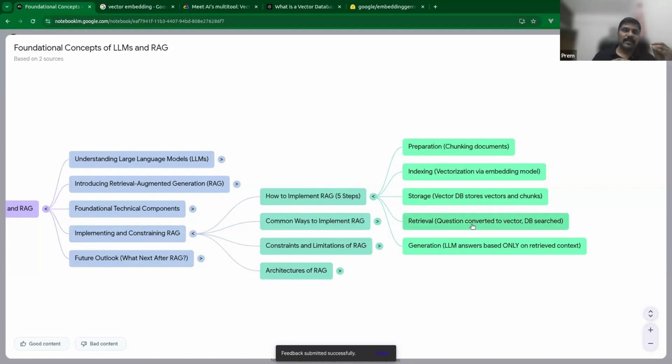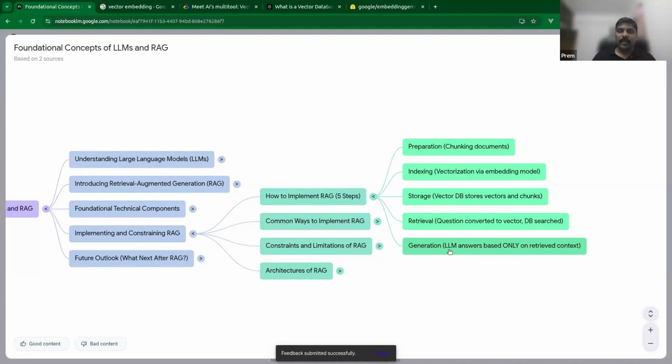Retrieving is where the semantic search comes in. You ask a question, that question is converted again to a vector, and that vector is searched against multiple vectors, and the matches are gathered. Then finally you give it to the LLM: this is my question, these are the supporting data, which is like 10 paragraphs, and this stays well within the token limit, and the LLM will be able to answer you. That is the generation part.